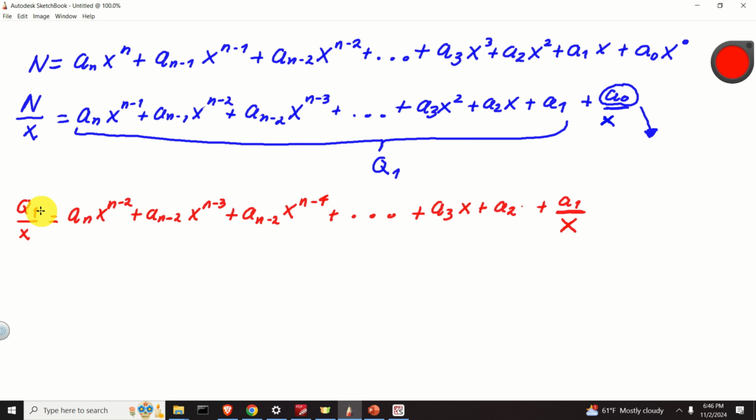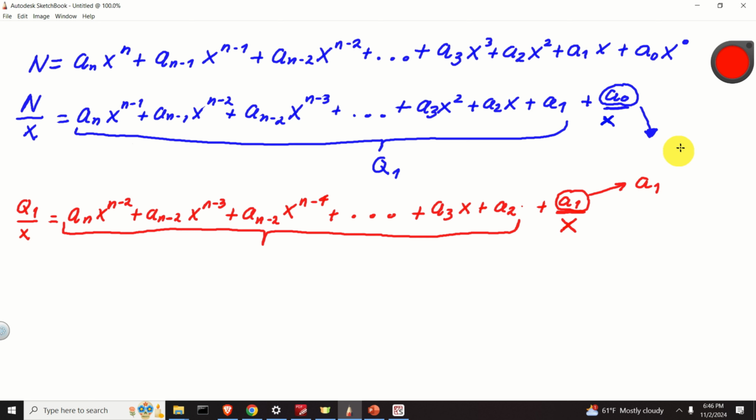That is, we see that if we divide q1 by x, we will obtain a new integer quotient, which is this part over here, and the remainder of this operation is actually a1. And this is how we obtain a1. Over here we obtain a0.